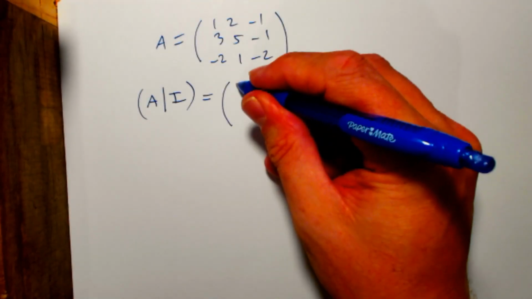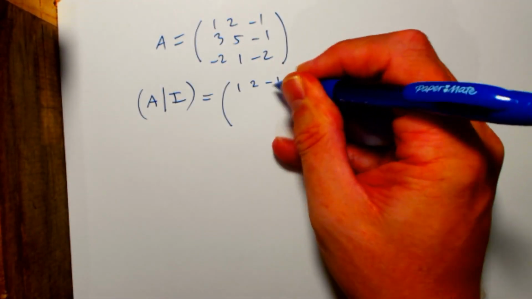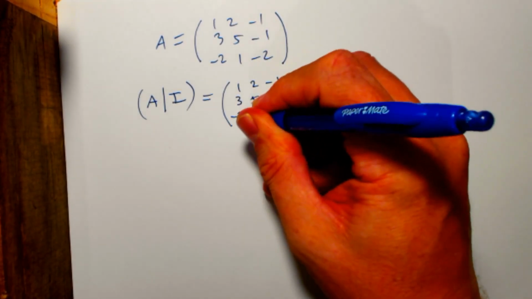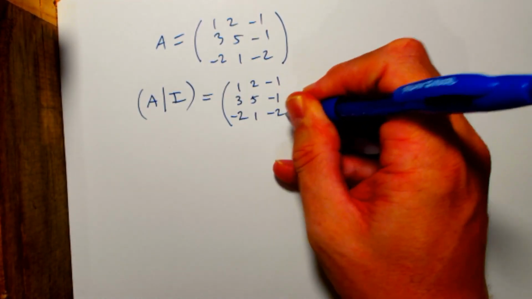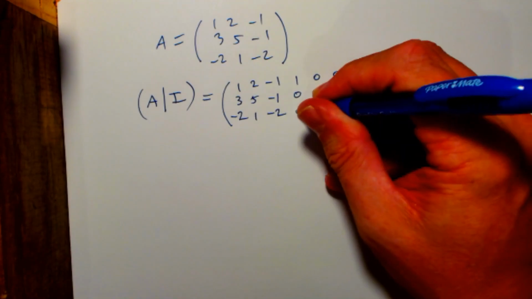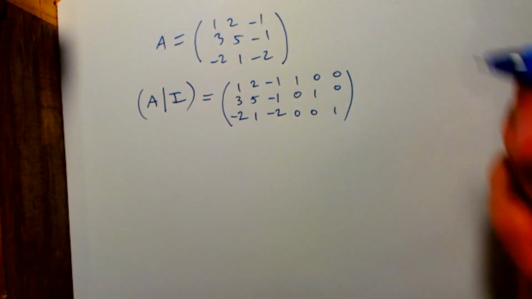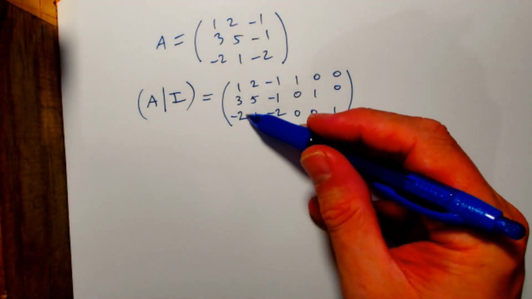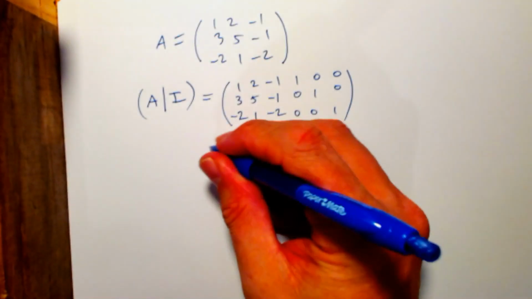So we're going to write down 18 entries. You want to make sure you copy this down correctly. Here I put the identity matrix on the right. Okay, and then we start to perform row reduction on this. So the first thing I want to do is multiply the top row by 2, so then I can add it to the third row and put a 0 under that pivot there.